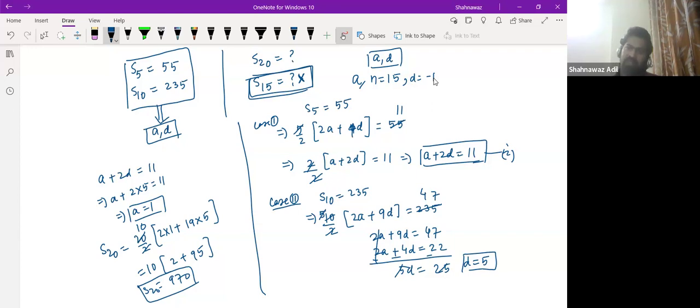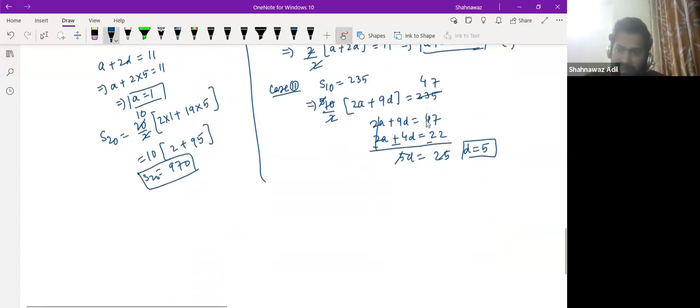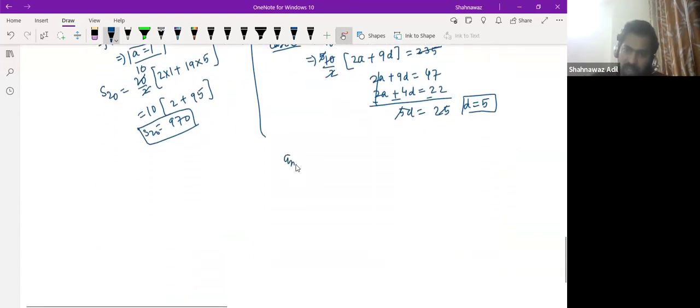So if this is the case, then how can we calculate an? Let's say what would be an? An would be a plus (n minus 1) into d. So this is 1 plus (n minus 1) and d is 5. So this is 1 plus 5n minus 5.